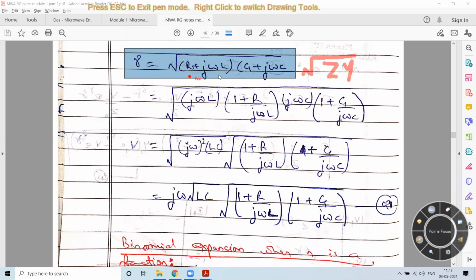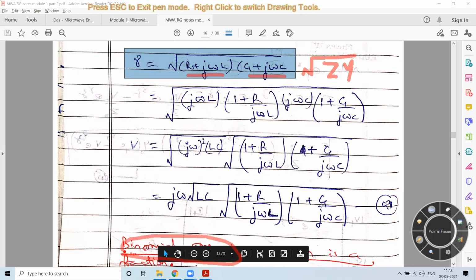Z is equal to R plus j omega L and Y is equal to G plus j omega C. Now what we need to do is apply binomial expansion, so that we can simplify this equation still further and obtain the values of alpha and beta.